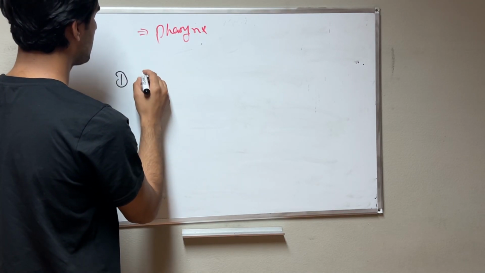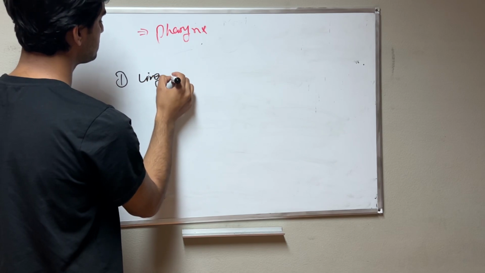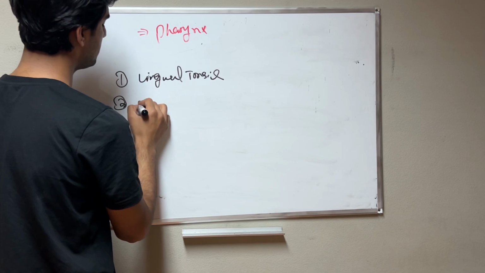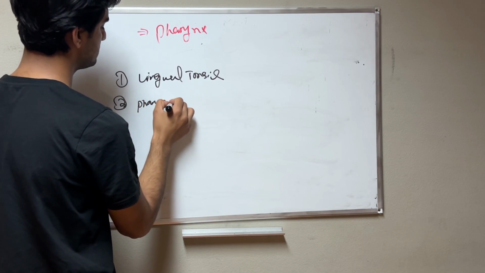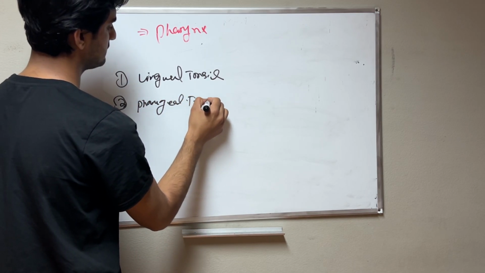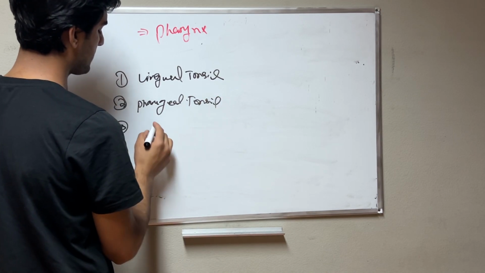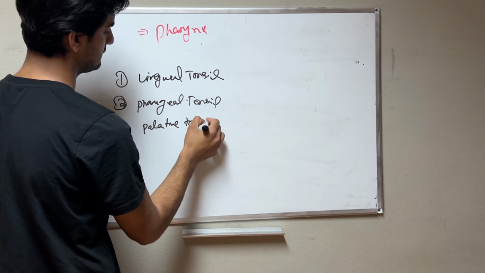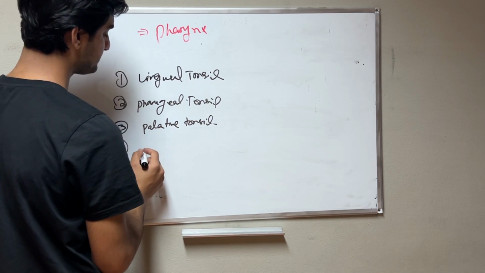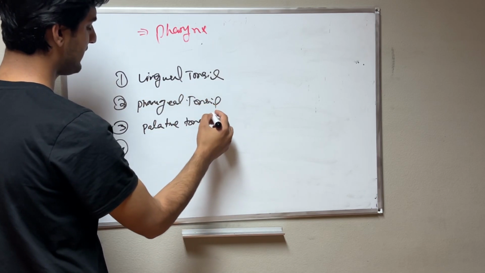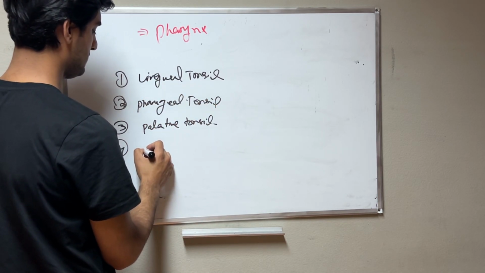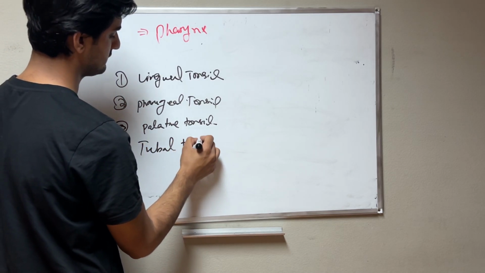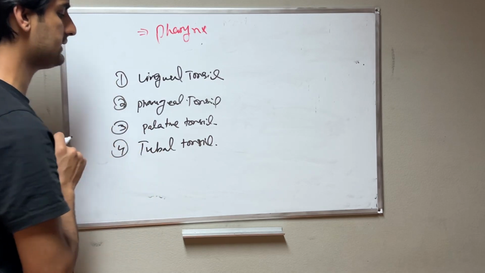First we have the lingual tonsil, then the pharyngeal tonsil, third the palatine tonsil, and the last one the tubal tonsil. These are the tonsils which are located in the pharynx.